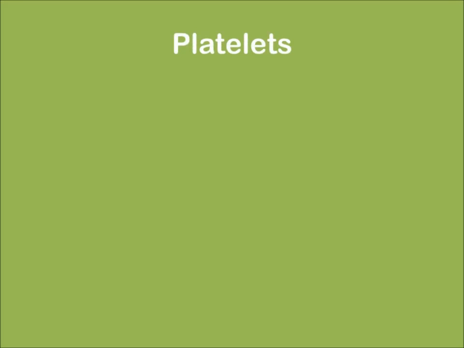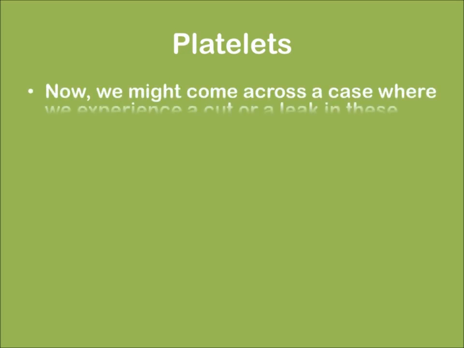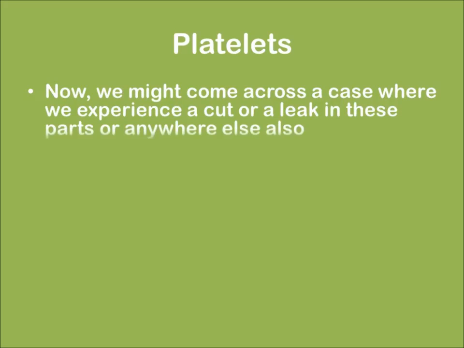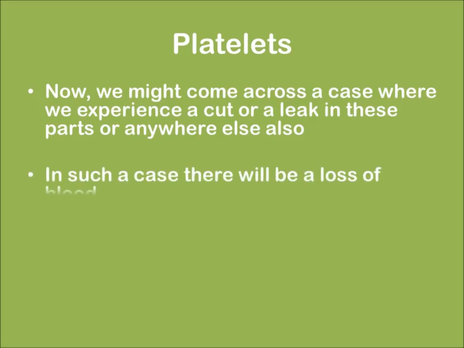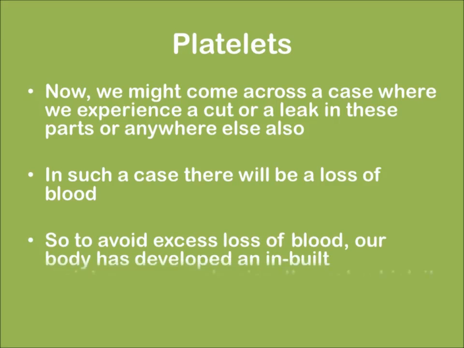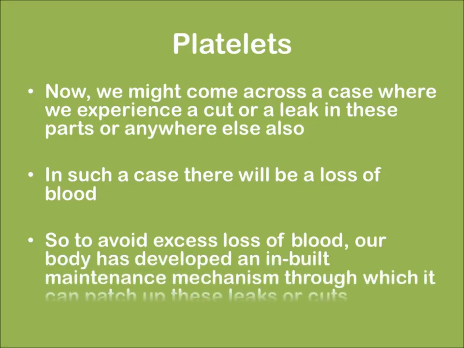Coming to platelets. Now, usually we might come across a case where we experience a cut or a leak in the parts of our body. In such a case, there would be a loss of blood. So to avoid an excess loss of blood, our body has developed an inbuilt maintenance mechanism through which it can patch up these leaks or cuts.